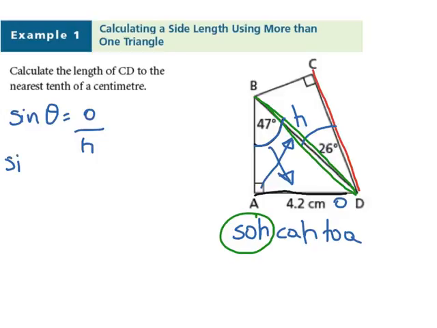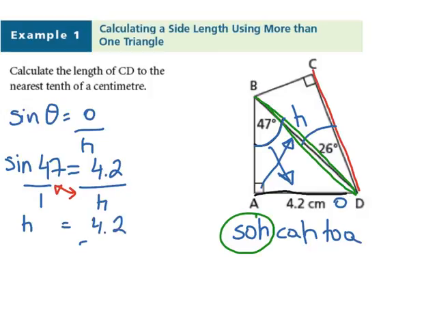Therefore, we're just going to plug it in. Sine of 47 is equivalent to the opposite side, 4.2, over the hypotenuse that we're looking for, or h. We're going to solve for this missing side by cross multiplication, interchanging the hypotenuse with the sine 47.